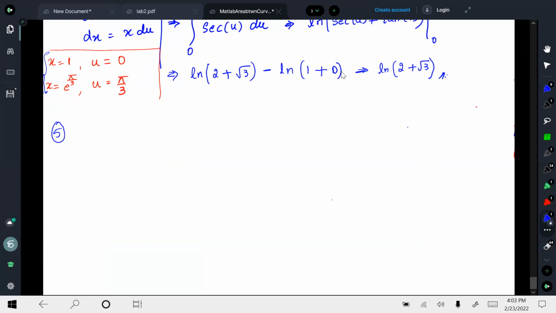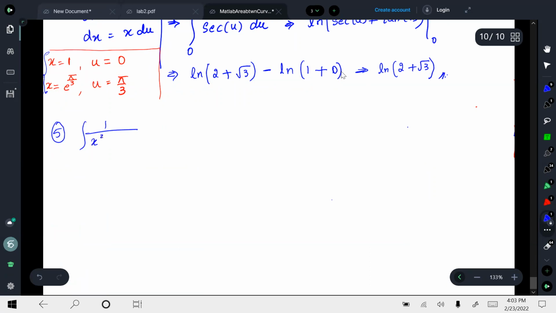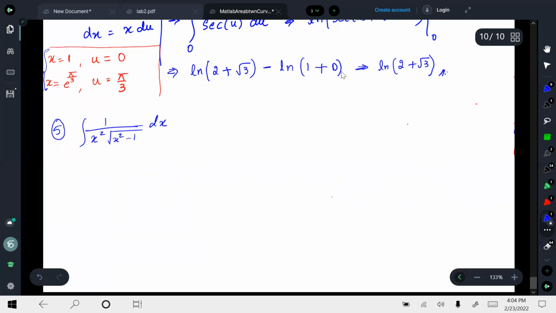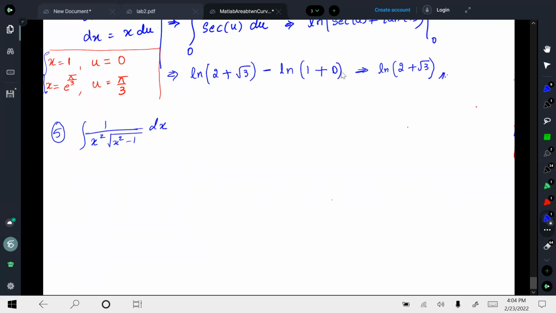Problem 5 is the integral of 1 divided by x squared times the square root of x squared minus 1, dx. I will not solve this completely. I will do it until the second last step, and I will leave the final step to you. Now let's see how to do this.